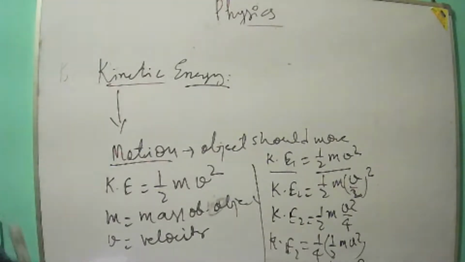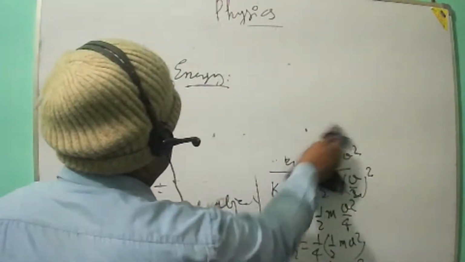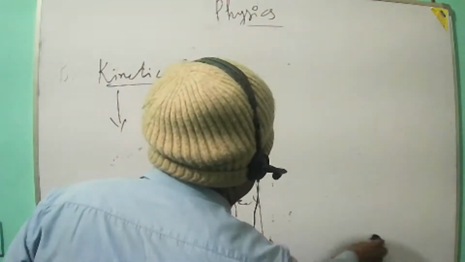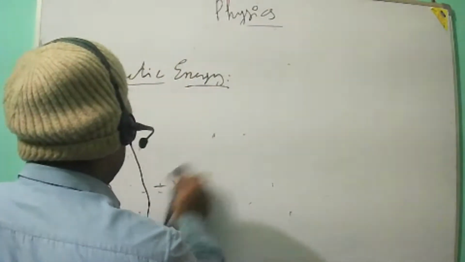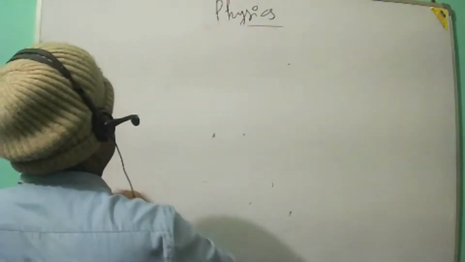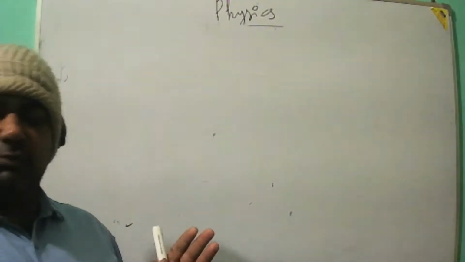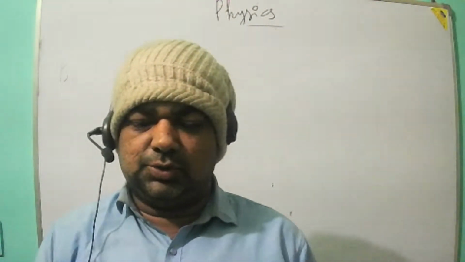We can practice one more. That is, if we are going to make velocity v by 3, how is the kinetic energy going to get affected?